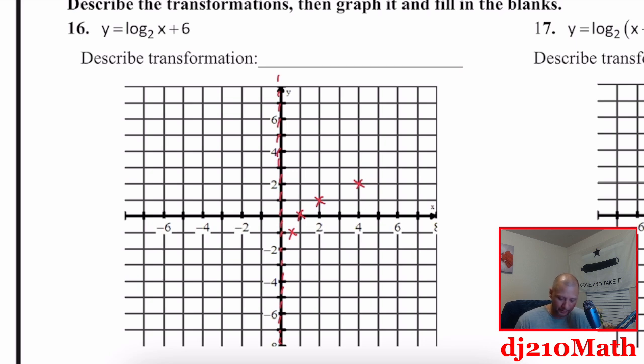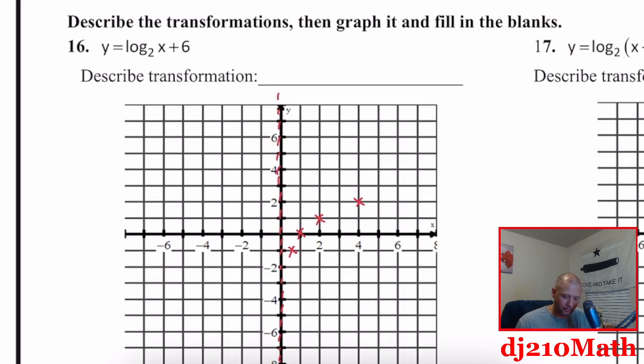So these are the parent function points. All right. So now looking at the equation, y equals log base 2 x plus 6. Here's what you need to know. Just like any other transformation, the inside part lies. Right, that's what we say.